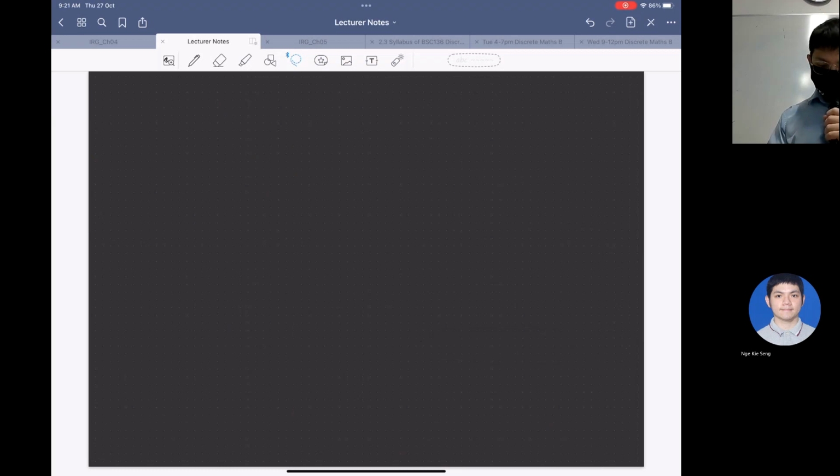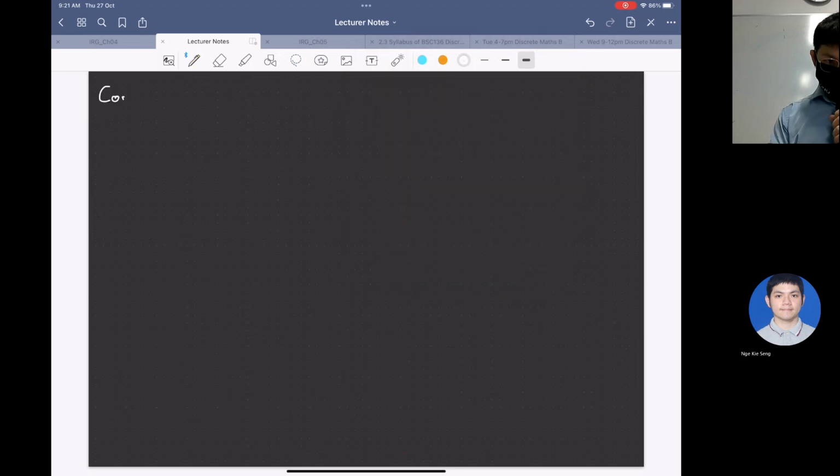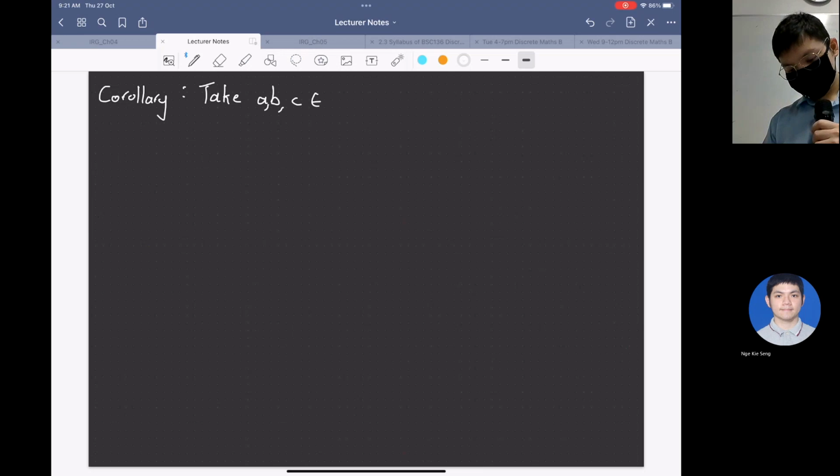In this case, if we have time, maybe we'll come back to this proof. So this is a more powerful theorem here. I take A, B, C in Z such that A is not zero, because zero cannot divide any number.